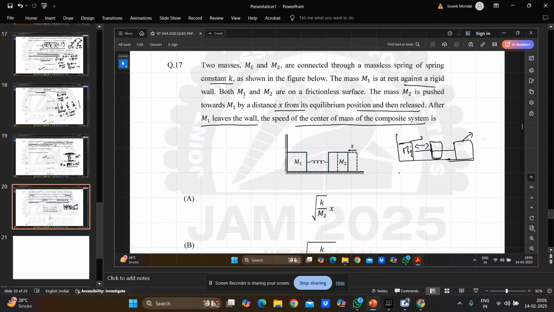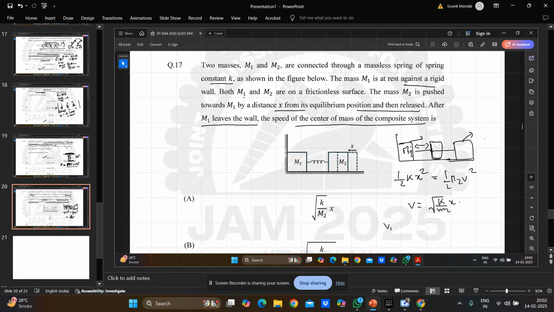Initially, half k x square equals half m2 v square, at the moment when m2 is in the original position and m1 is just about to leave the wall. Until that moment m1 has no velocity. So v is simply root under k by m2 into x.